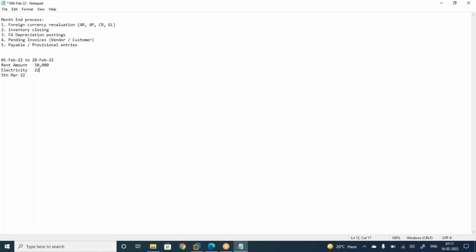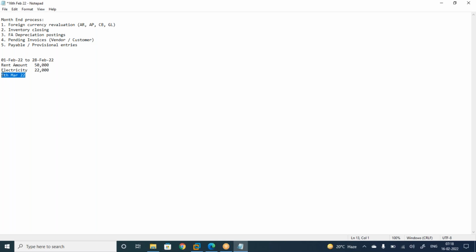It is roughly between 20 and 25,000, say 22,000 for last month. I am paying this in the first week of March, but these expenses belong to last month.